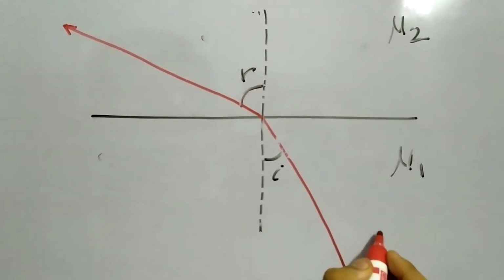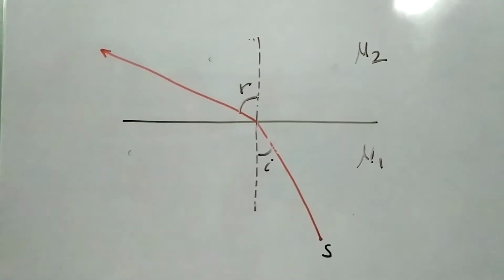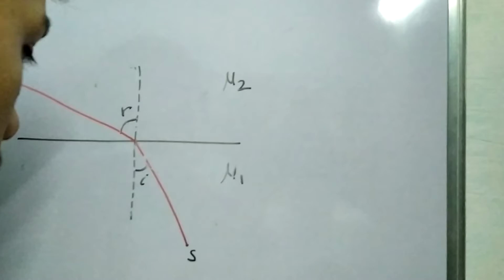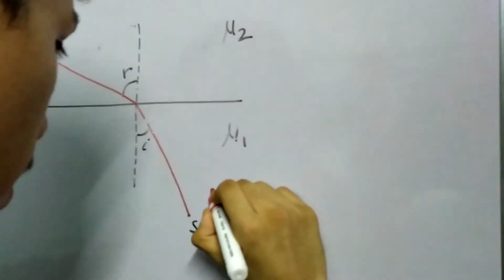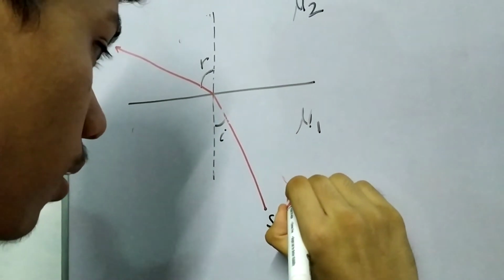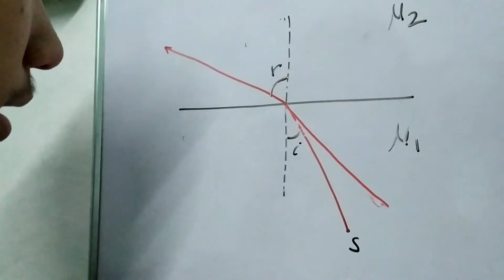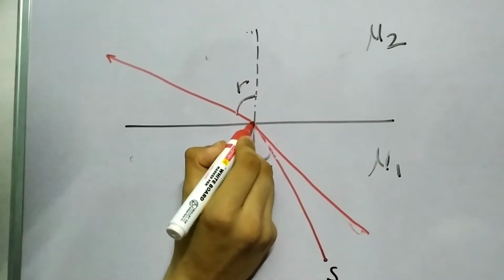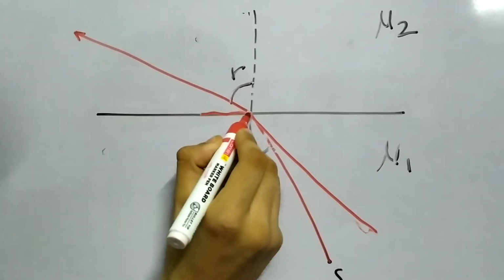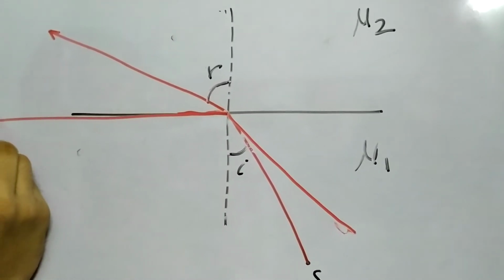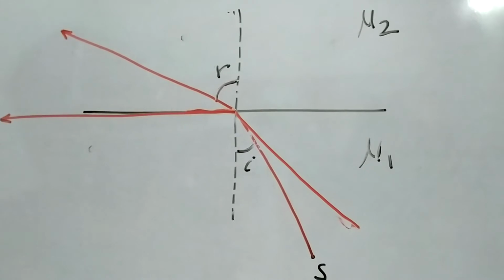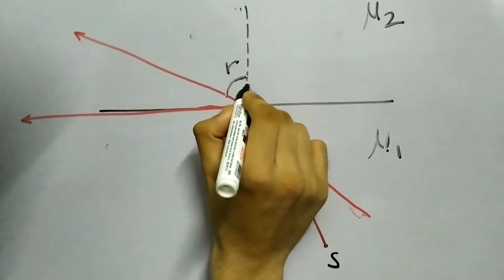Let us say this is the angle which we are talking about. So that's how light is incident, and the refracted ray becomes 90 degrees. Okay, so this angle is 90 degrees.